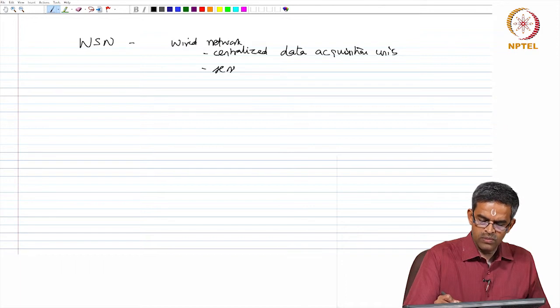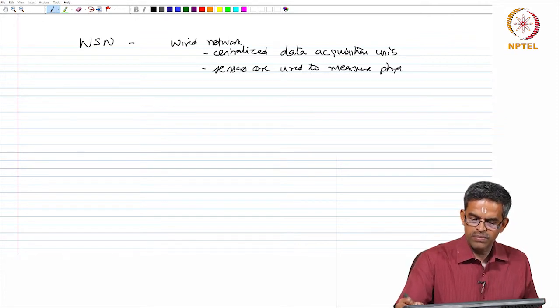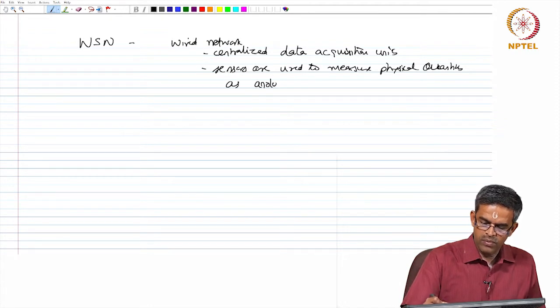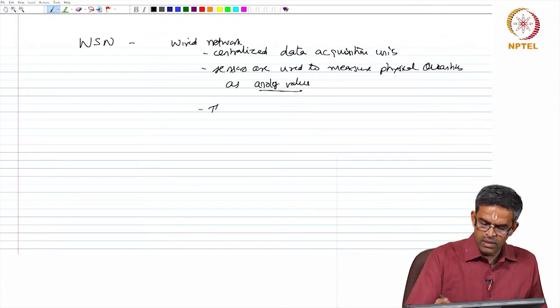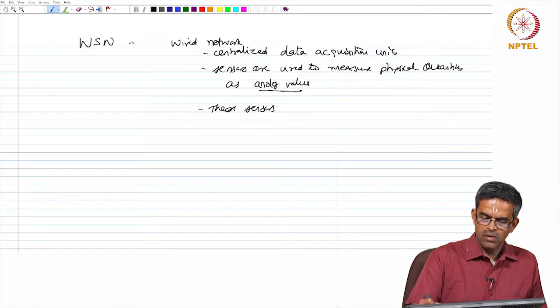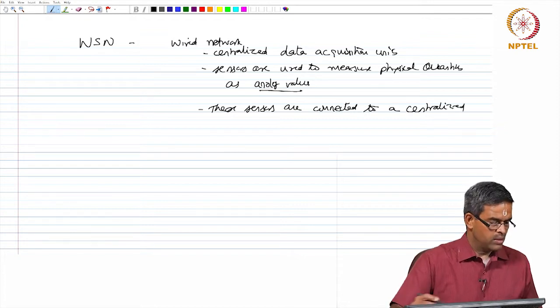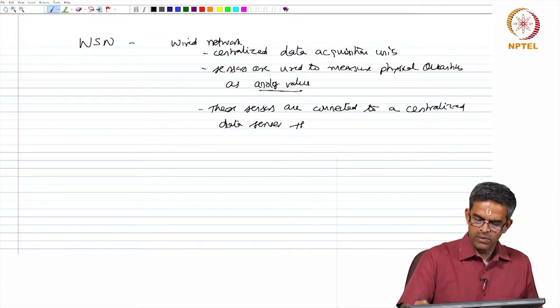Sensors are used to measure physical parameters as analog values. Then these sensors are connected to a centralized data server through wires.